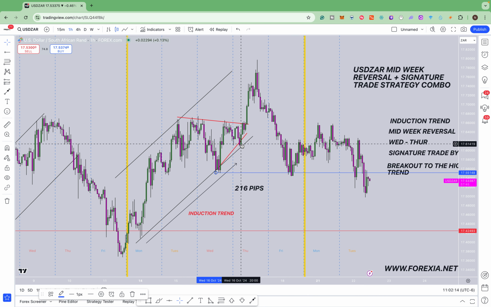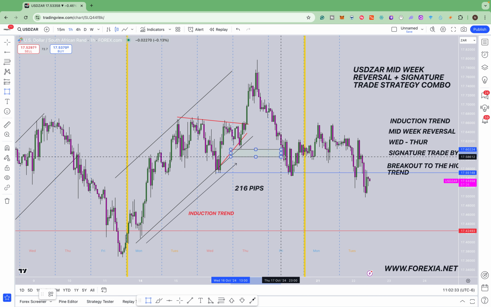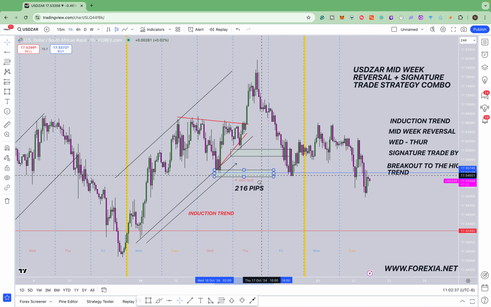Well, it would be obvious that if traders are trading this and seeing this as a breakout continuation of the trend, they're going to be placing their stop losses under these previous lows. So right here, let's just mark it out for you guys. Right around here and right around here.